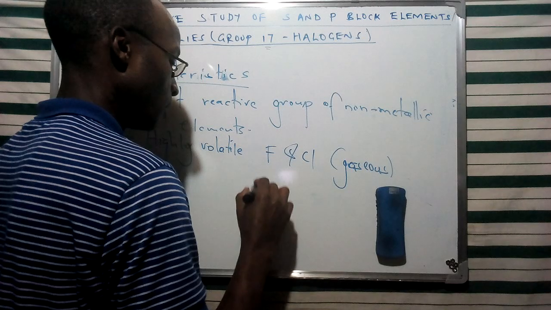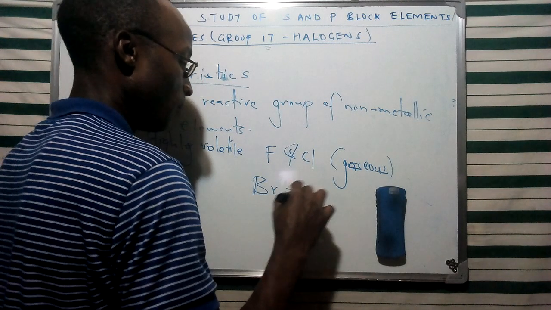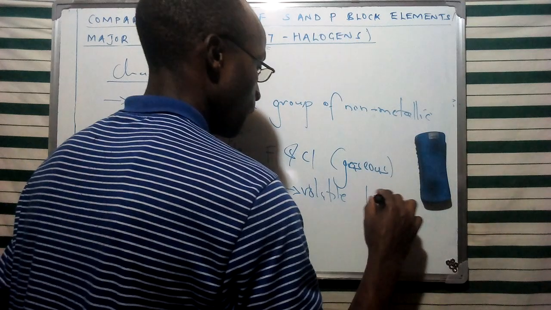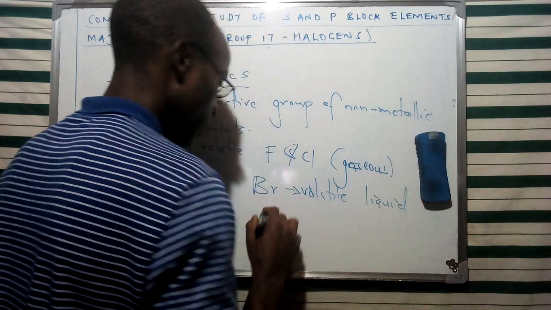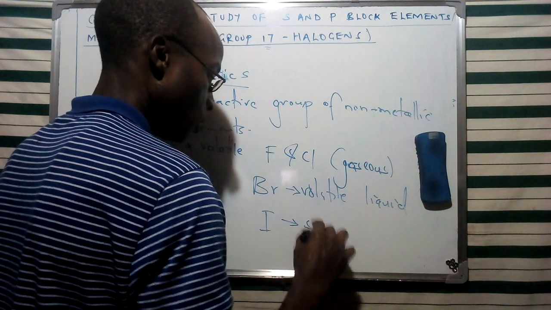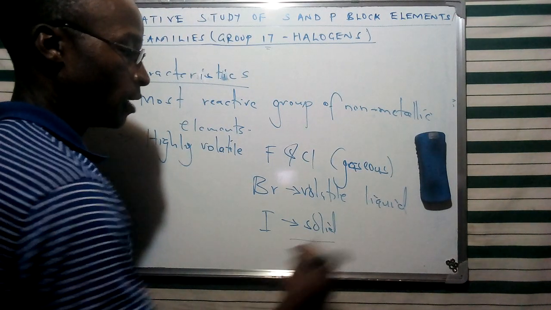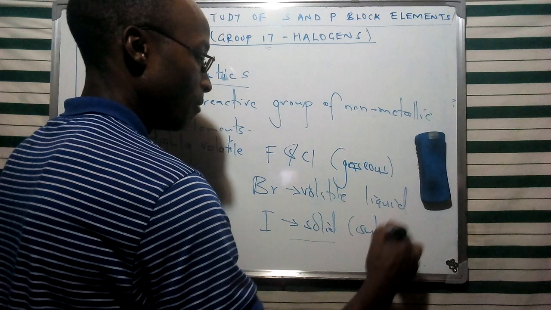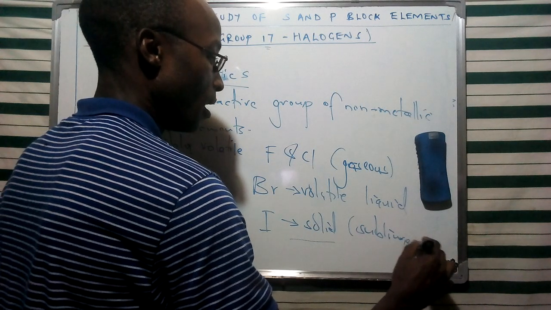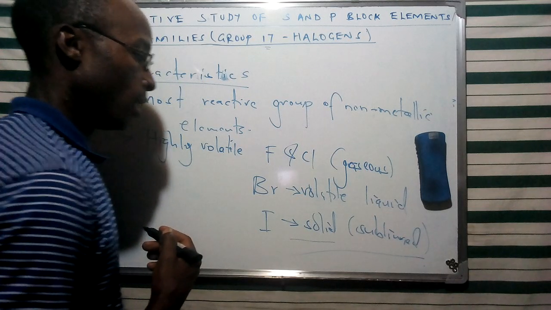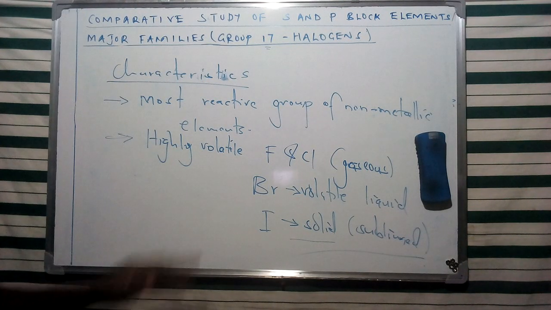Then bromine is going to be a volatile liquid, and iodine is going to be a solid, which we said in one of our videos displays one of the unique characteristics of sublimation. Therefore, this is going to be a solid which can be easily sublimed, and of course these are some of their physical properties.